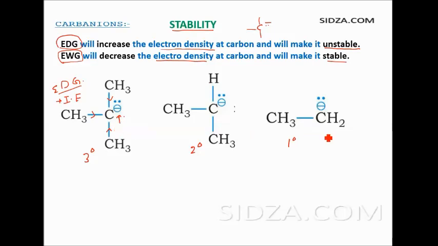If you look at the primary one, it has only 1 alkyl group, 1 group which can donate electrons. Here it has 3, the secondary has 2, right? So therefore the most stable out of the 3 is the primary one. The primary one should be the most stable, and then the secondary, then the tertiary.